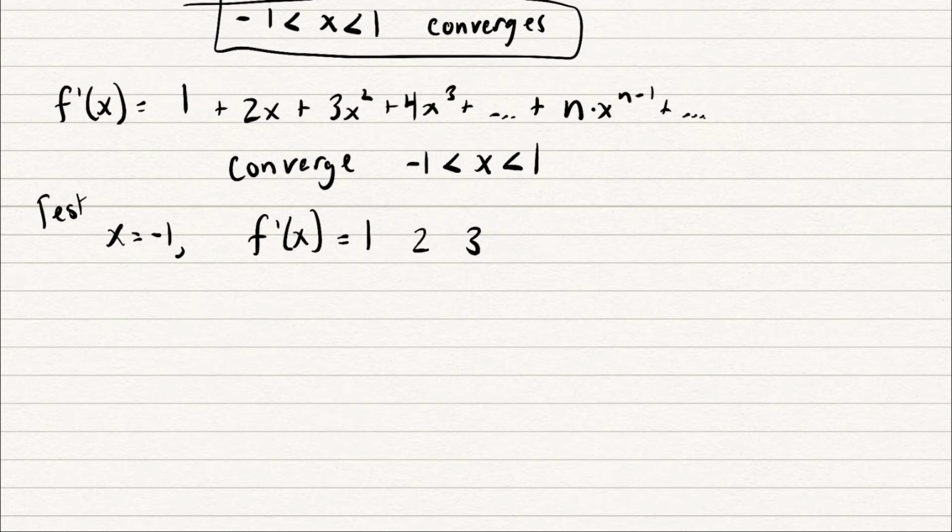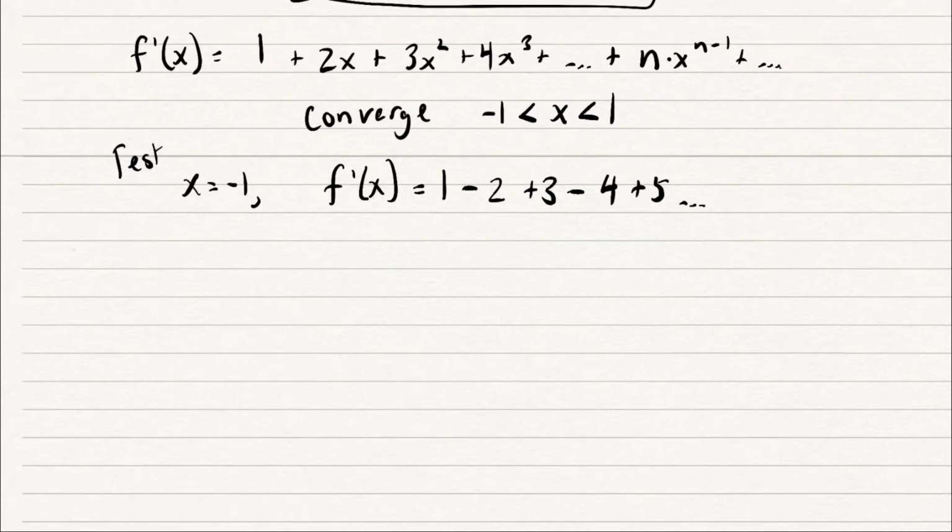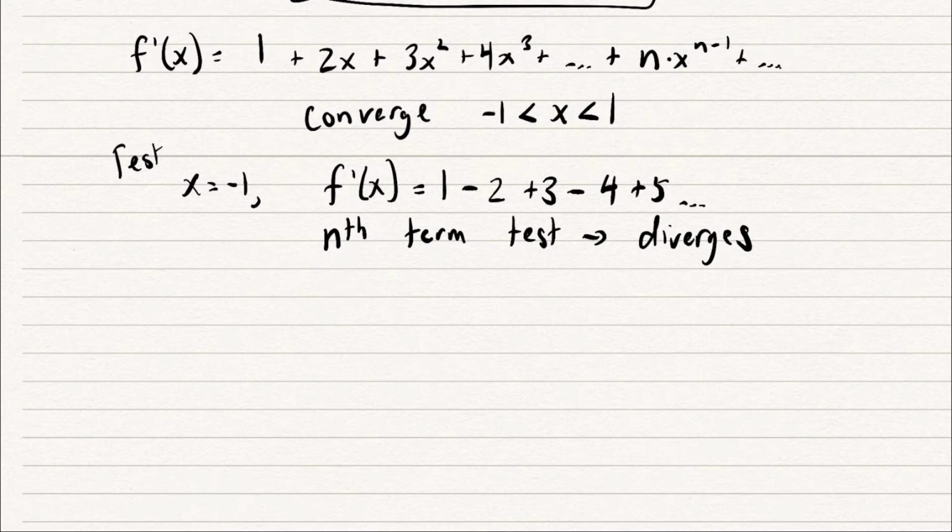So this is going to be negative here, positive here, negative here, positive here, and so on and so forth. You can probably see what's happening here. This one is going to diverge because the terms don't go to 0, so you can use the nth term test to prove that this specifically diverges. So that one's out. Negative 1 doesn't work.